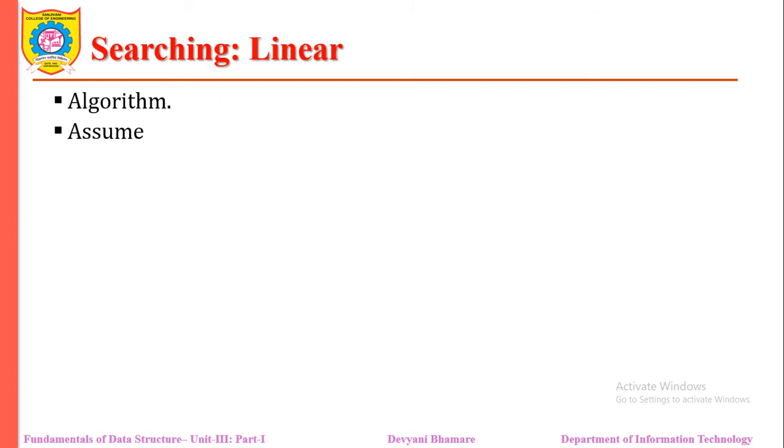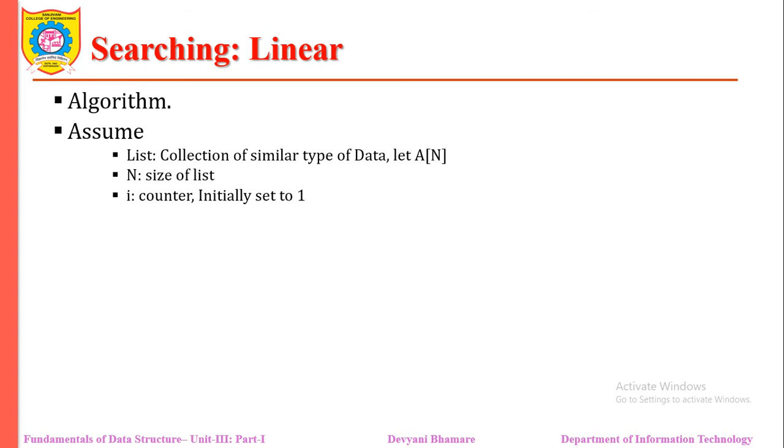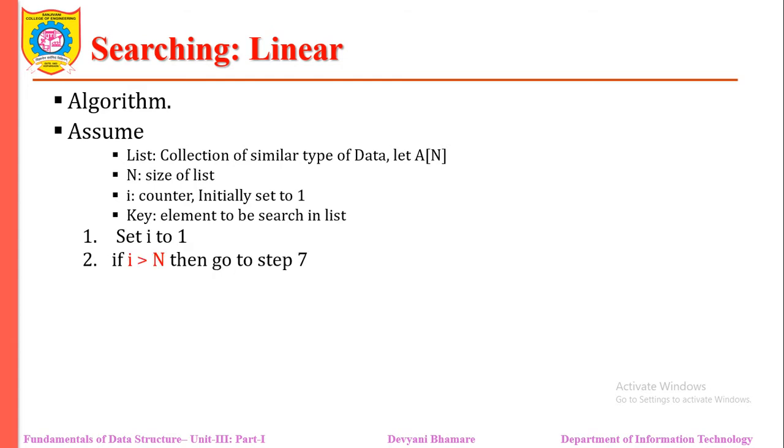Now let's think about how the algorithm works. We require a collection of similar type of data, say A of n, where n indicates how many elements are in the list. Initially we need a counter I, which is set to 1, and a key, which is the element we need to search. Until the value of I reaches n, we repeatedly compare A of I with the key.